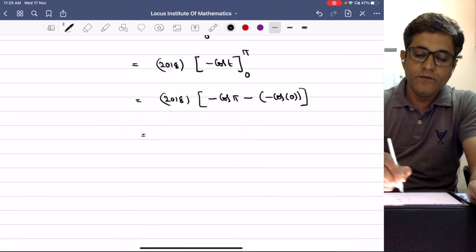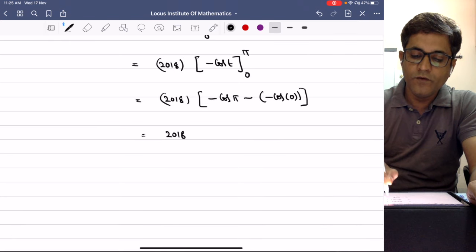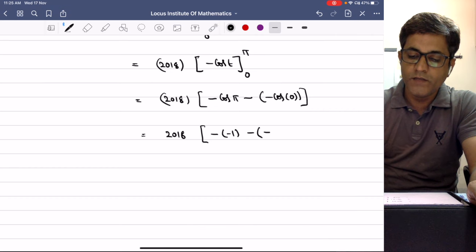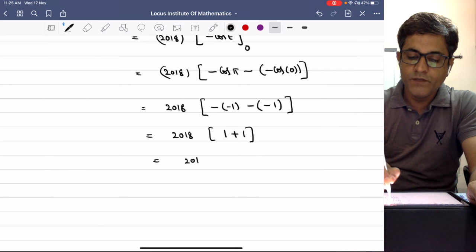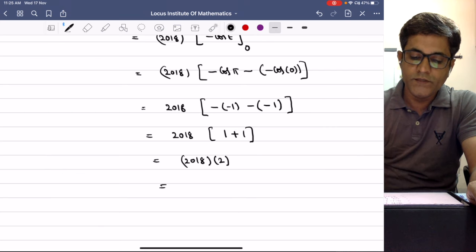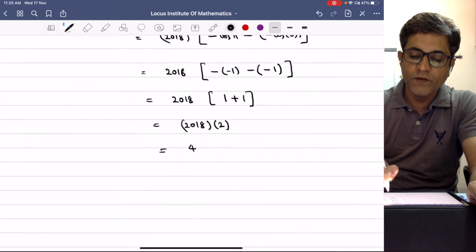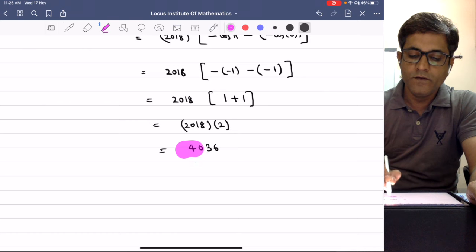Cos π is minus 1, and cos 0 is 1, so this is 2018 times (1 plus 1), which is 2018 times 2. So this is equal to 4036. This is the answer.